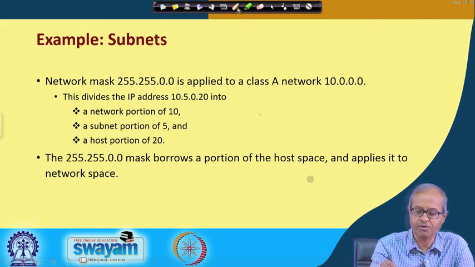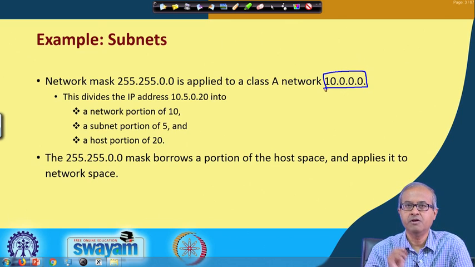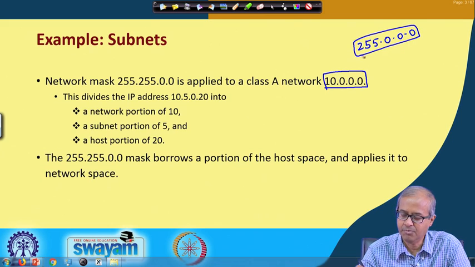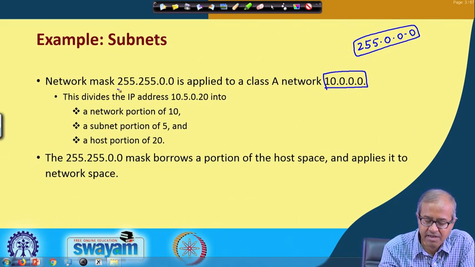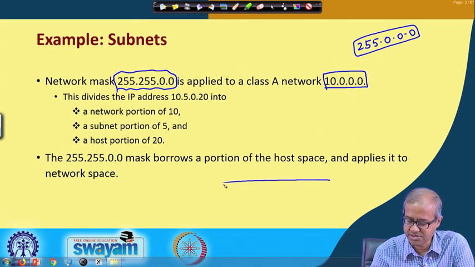So, let us take an example of a class A network 10.0.0.0, for which, you recall, the natural mask was 255.0.0.0. But now we are using a mask of 255.255.0.0. What does that mean? In this address, there are 4 parts.